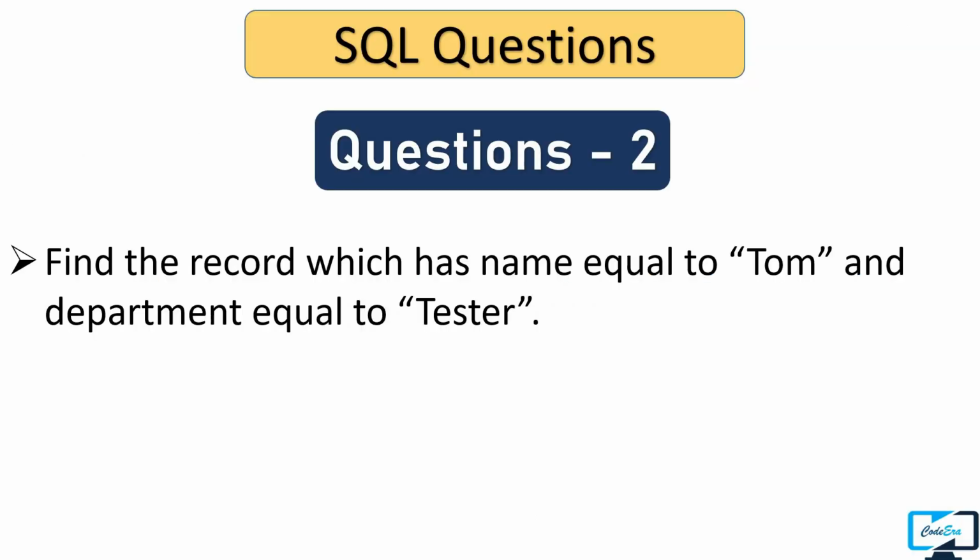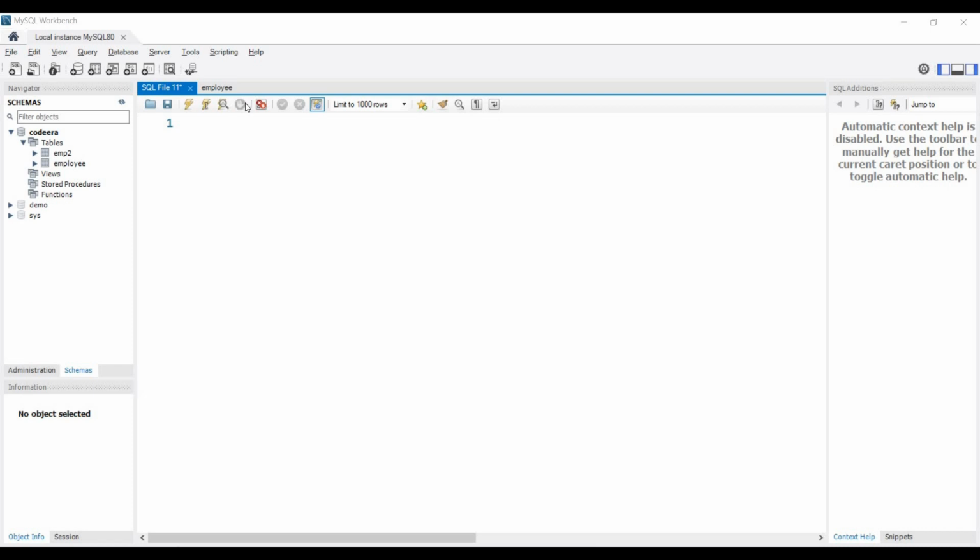And here we have one more query, where we have to find a record which has name equal to Tom and department equal to tester. To solve this query we will write select star from employee where, and after the where clause we will write name equal to Tom, and then we will write the AND operator, and after the AND operator we will write our next condition.